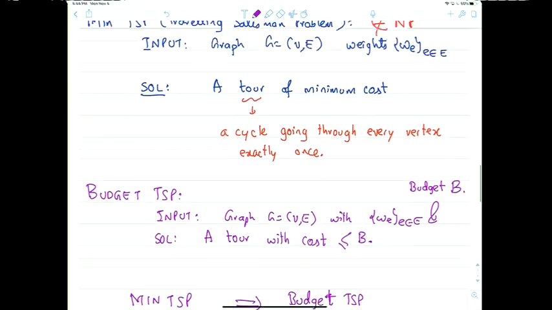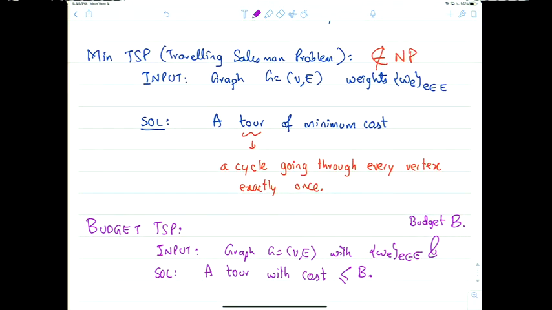Okay? It's just a slight variant, right? And the converse is also true. If you can solve budget TSP, you can also solve min TSP.